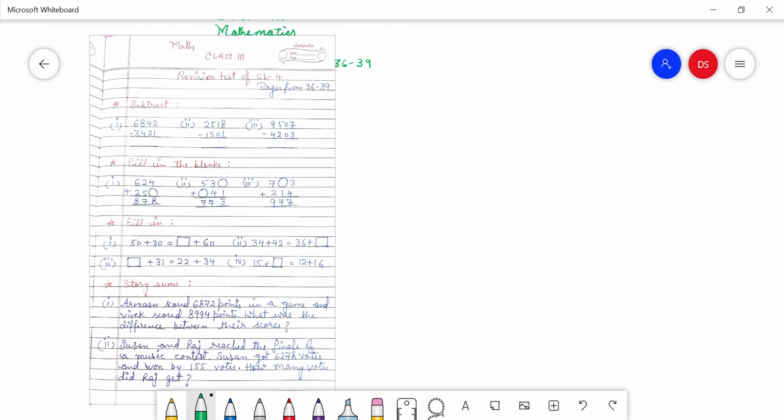The question is subtraction. You are very much familiar with this subtraction. It is simple subtraction.